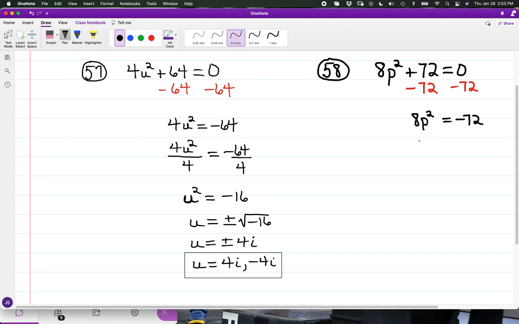And with division by 8, you have that p squared is equal to negative 9. And once again, utilizing the square root property of equality, p squared goes to p, and we have that set equal to plus or minus the square root of negative 9.